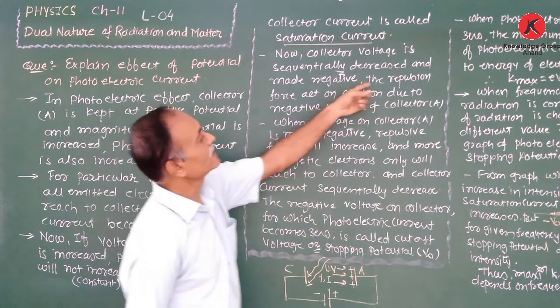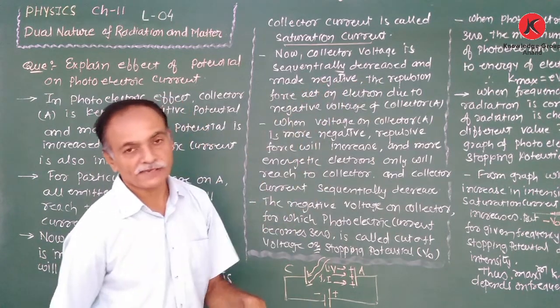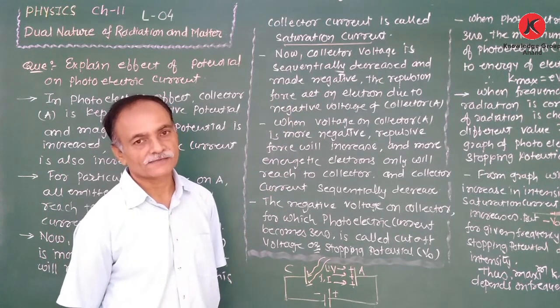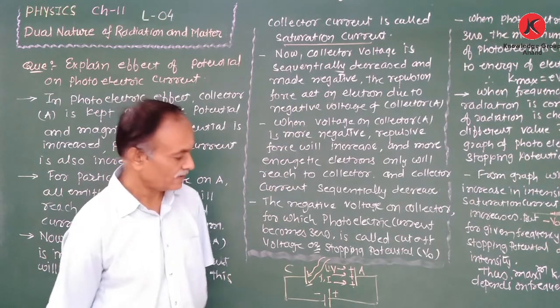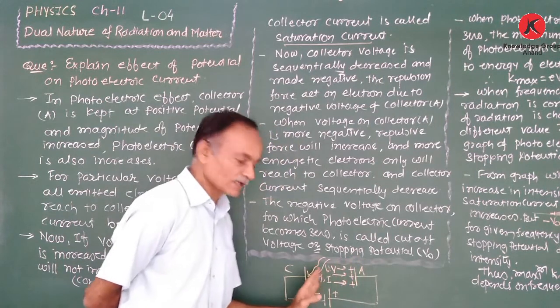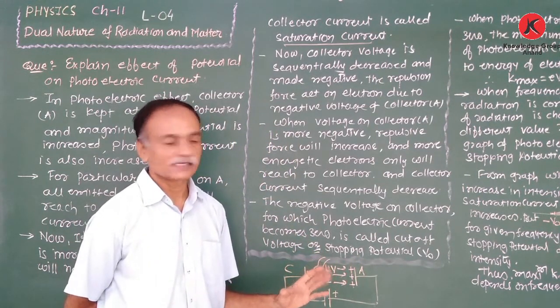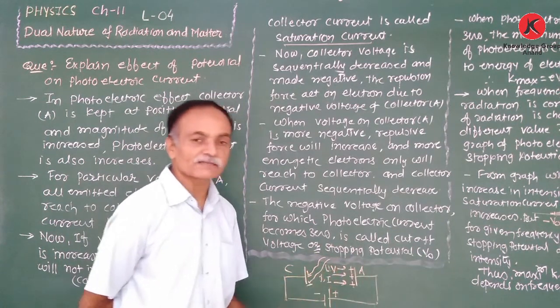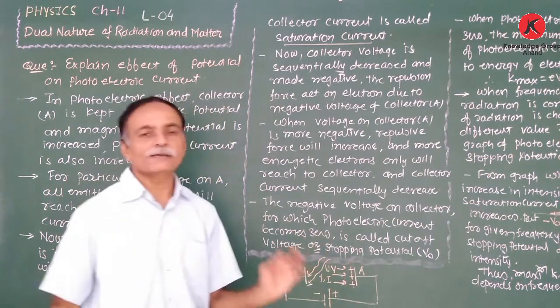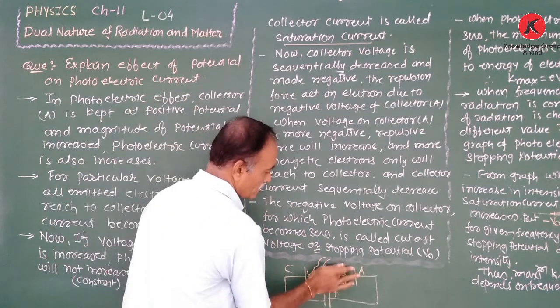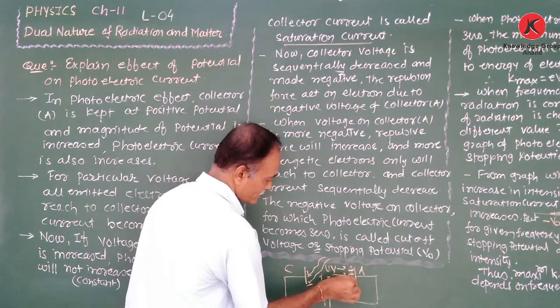So what happens? The force of attraction acting on the emitted photoelectrons decreases. When the potential on A becomes negative, at that time a repulsion force starts to act on the emitted electrons due to the negative voltage on collector A.